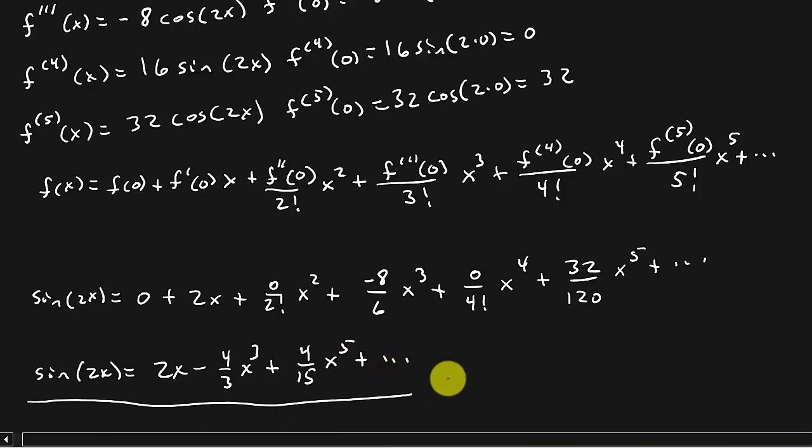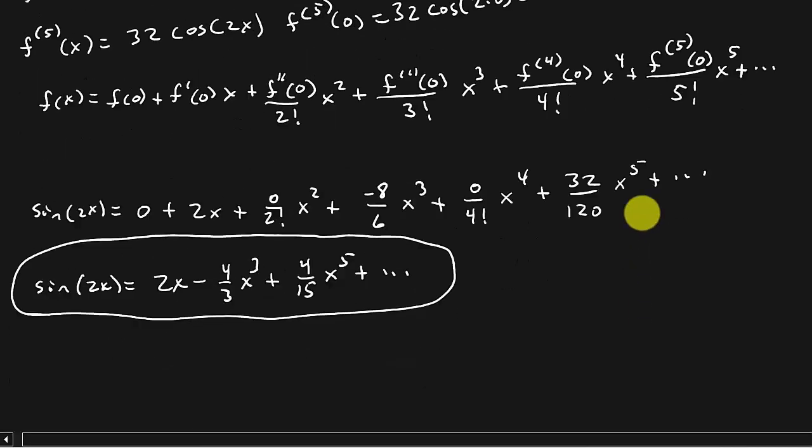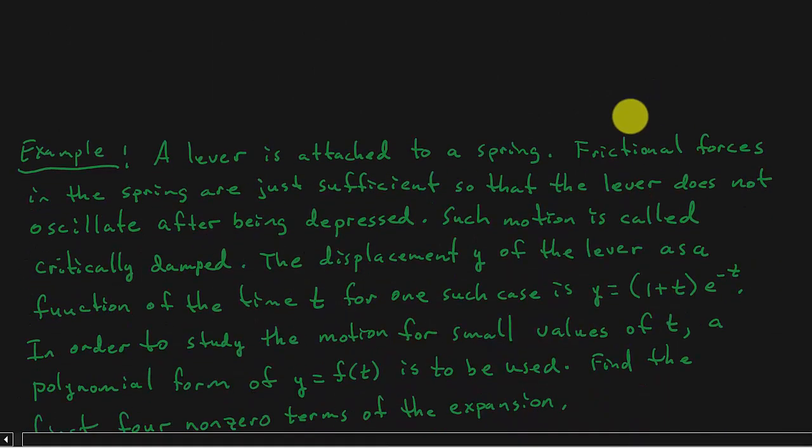And there's your Maclaurin series expansion of the first 3 non-zero terms. Okay, and let me say this: if at any time during this video I said Taylor series, I didn't mean to. Okay, that's going to be the next video. So this is Maclaurin series.